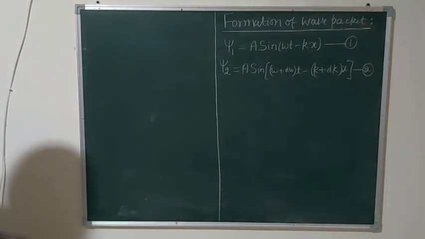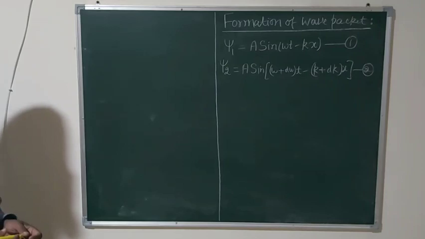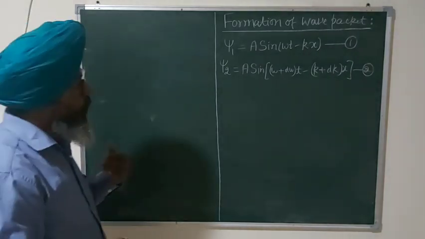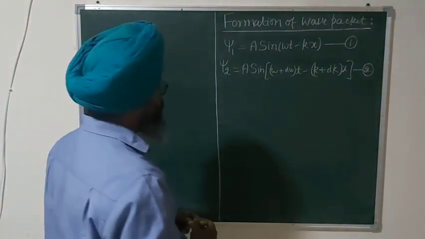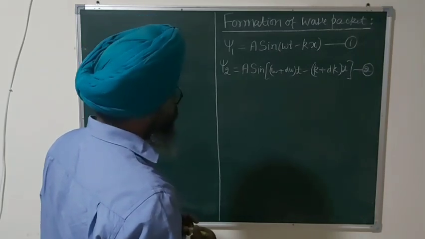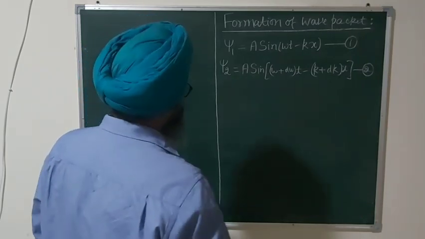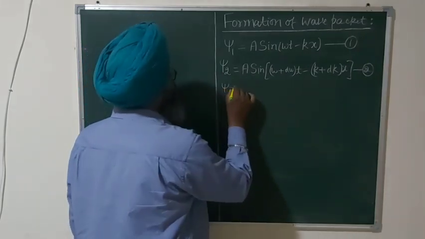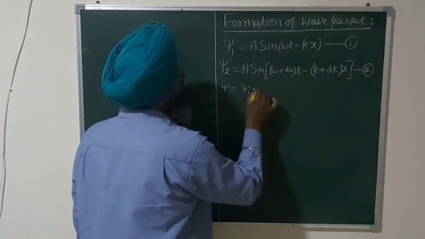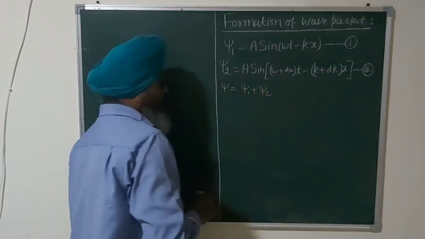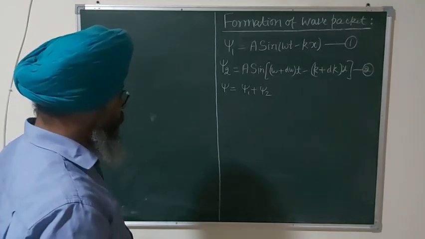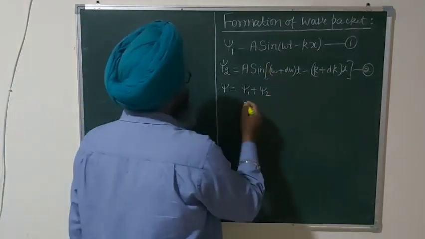So when these two waves superimpose with each other, the final wave function after superposition will be given by psi equals psi 1 plus psi 2. To write this, we add psi 1 and psi 2.